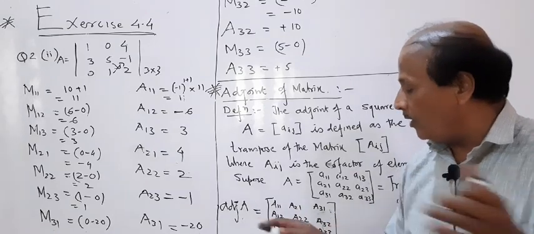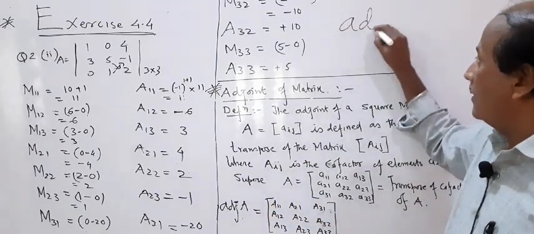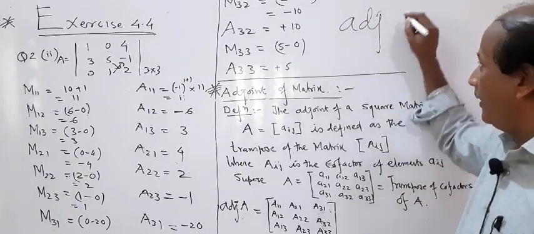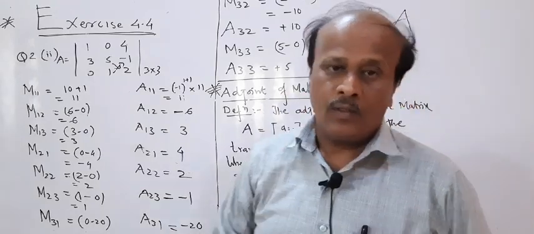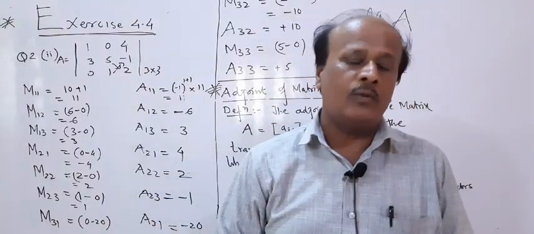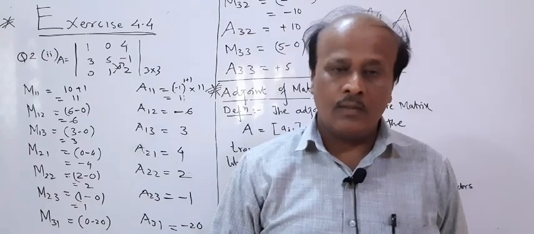So every time you want to write adjoint, you will have to write ADJ A. So, this article is very important. Questions related to this article we are going to do in a coming session. For this session, this much. Okay, thank you.